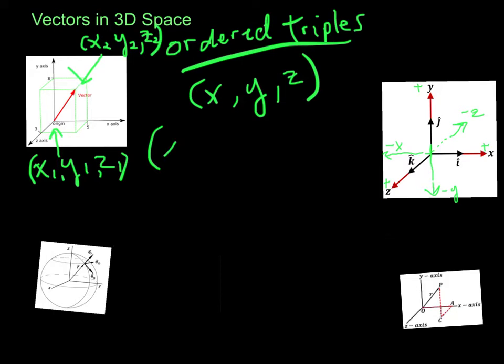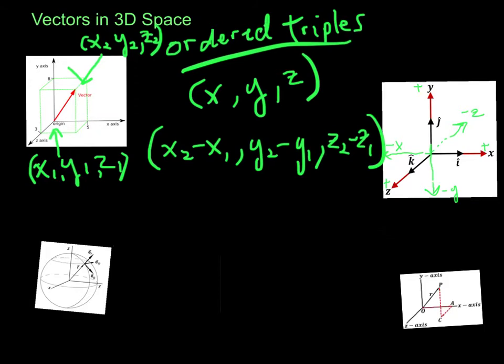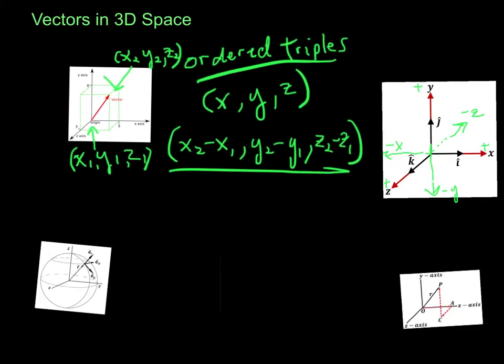Just like before, we did x2 minus x1 and y2 minus y1, we just need to include z2 minus z1. Sorry, my z's look like 2's. Remember what that does for us: it takes any vector in space and translates it back to the origin, as if it were starting at 0, 0, 0.